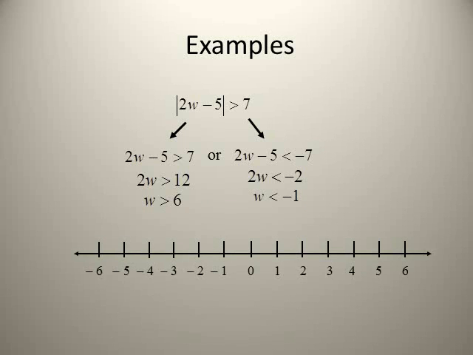That means w less than negative 1. So the solution set will be two intervals from 6 open to infinity, and from negative infinity to negative 1. That means R except negative 1 and 6, because it was open, so I'm going to close the interval.